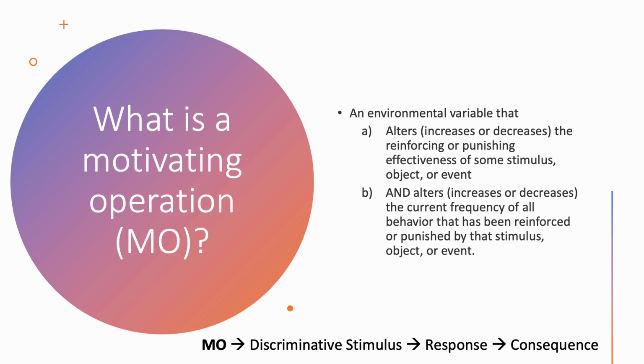First, it alters, meaning it can increase or it can decrease, the reinforcing or punishing effectiveness of a stimulus, meaning it can make the stimulus either more effective at reinforcing or punishing, or it can make the stimulus less effective at reinforcing or punishing. And then it also alters the behavior that we engage in order to gain access to that stimulus, or to not gain access to that particular stimulus.